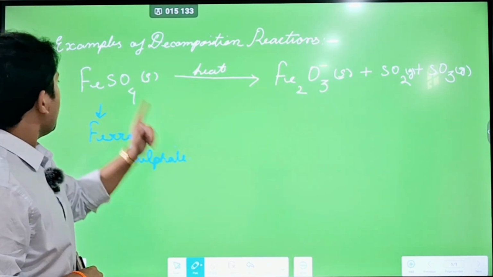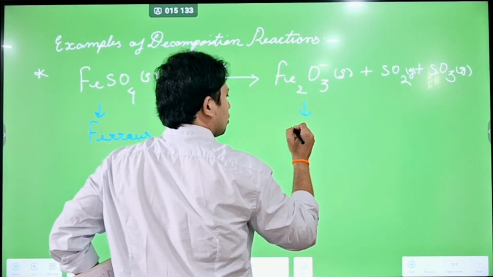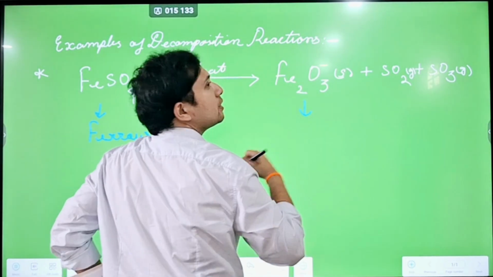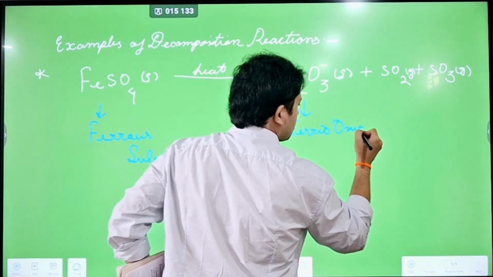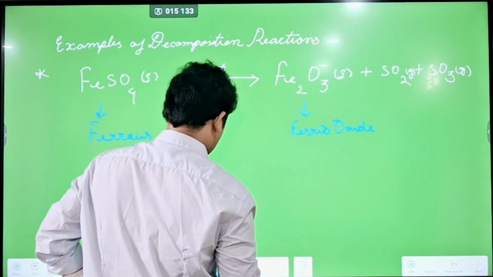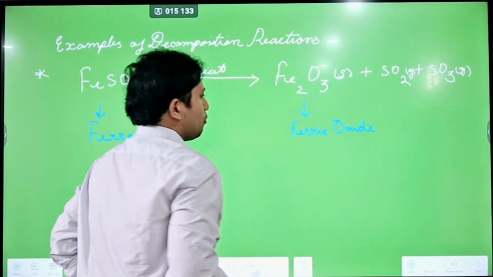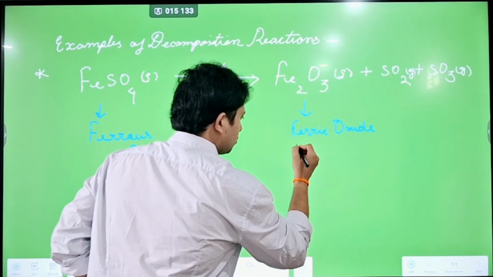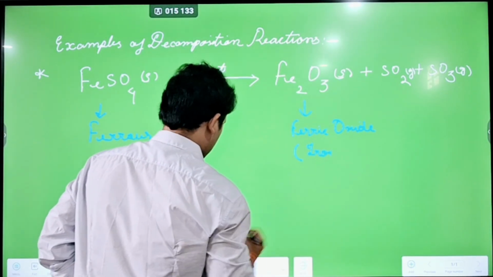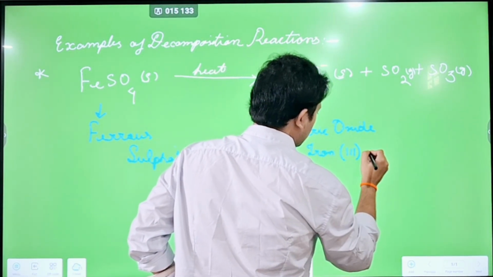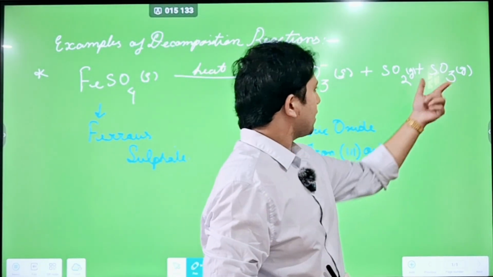With heat, FeSO4 ferrous sulfate breaks down to form ferric oxide, or you can say iron 3 oxide, since iron is in the third state, with byproducts such as sulfur dioxide and sulfur trioxide.